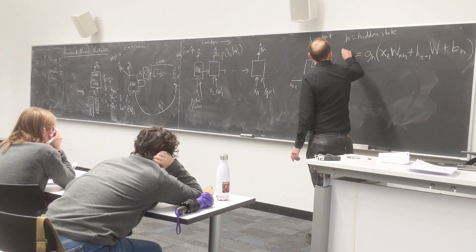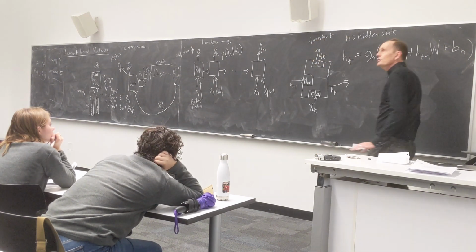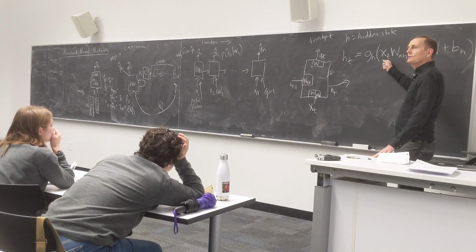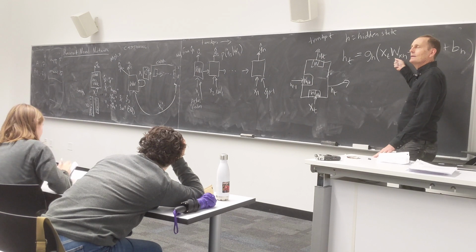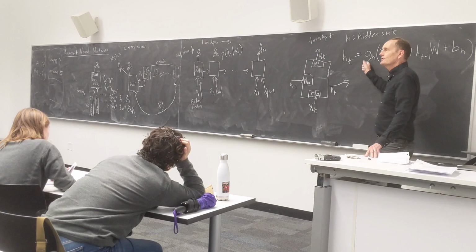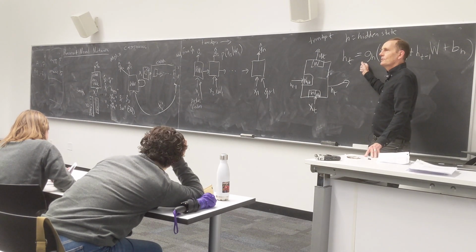This equals H sub t. So that's our new hidden state. How do we get our hidden state? We take our current input, matrix multiply, take our previous hidden state, matrix multiply, add a bias, and apply an activation function. Questions on this?